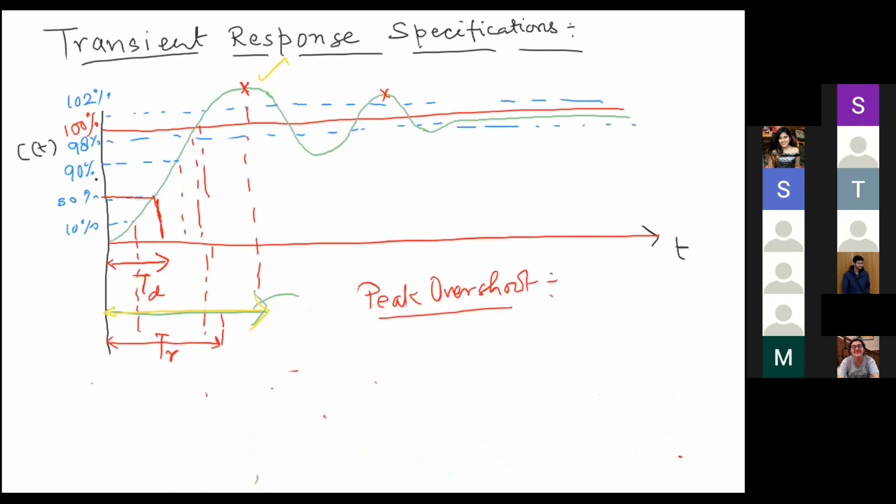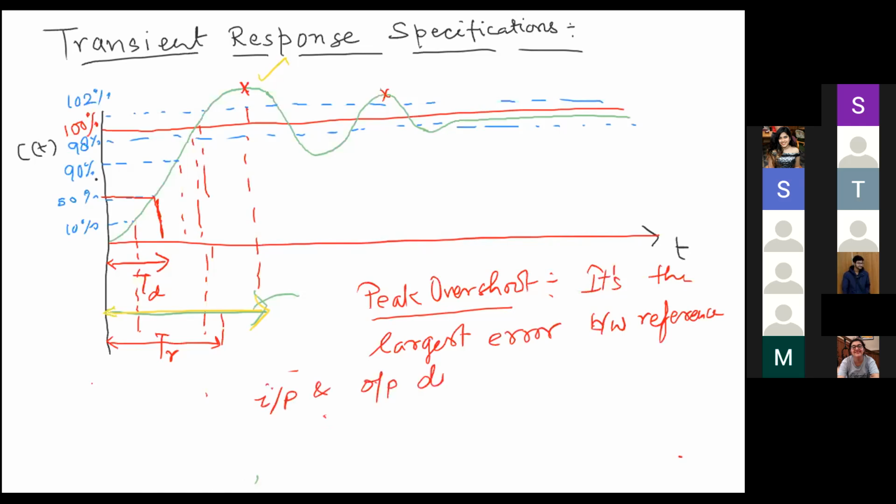It is the largest error between the reference input and output during transient. So the largest error between the reference input and the output.